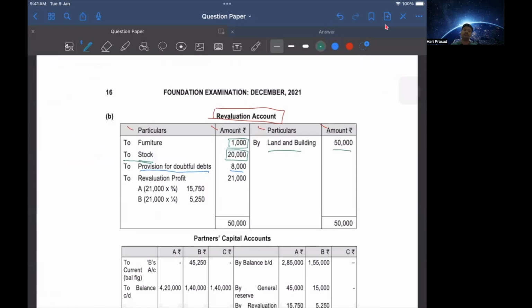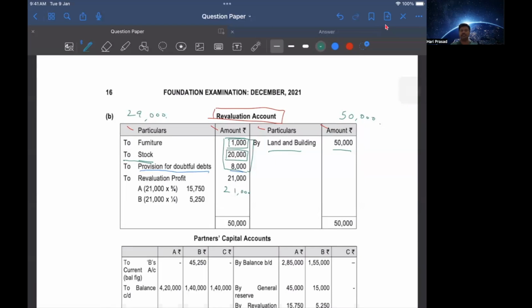Now we have to balance the account. We have 50,000 total on the credit side. What is the total on the debit side? 29,000, which means the balancing figure is 21,000.